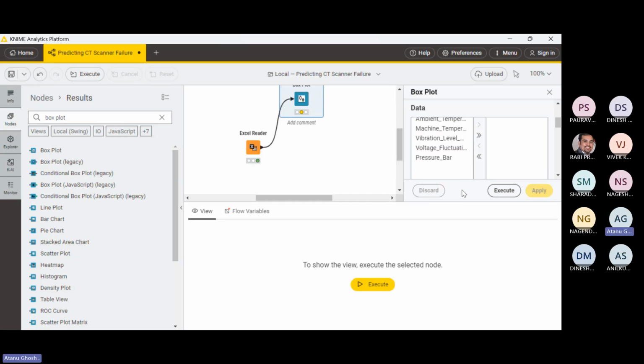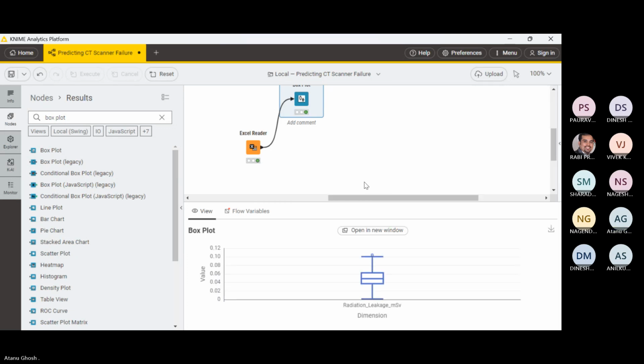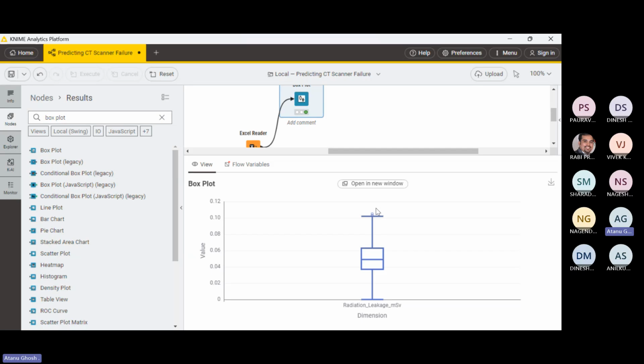Similarly, you can do a box plot on all other numeric measures. In the box plot, we can see that there are maybe a couple of outliers which are just lying outside the whiskers.